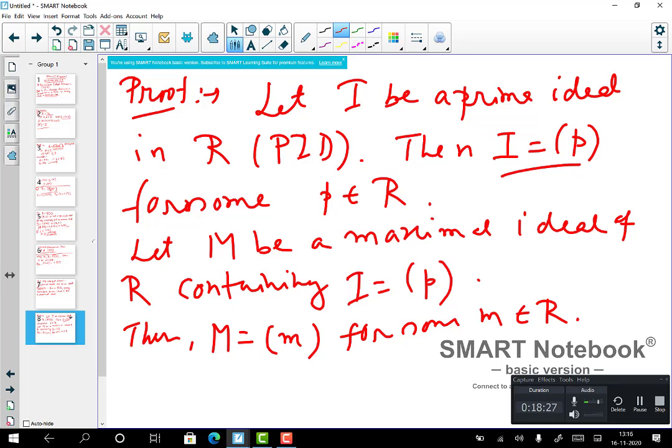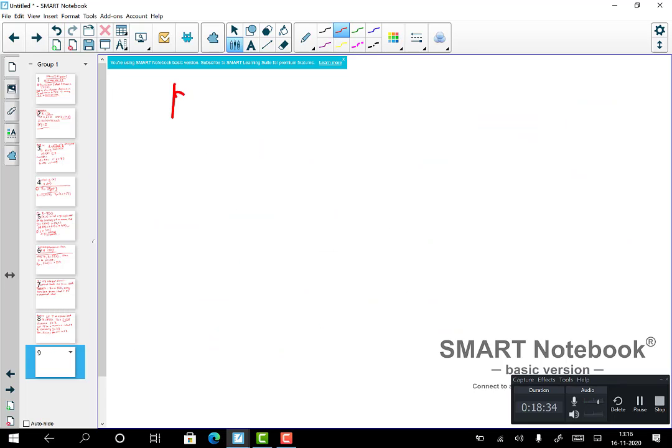Now you see that you have two principal ideals, one sitting inside the other. So the ideal generated by p is sitting inside the ideal generated by m, right?